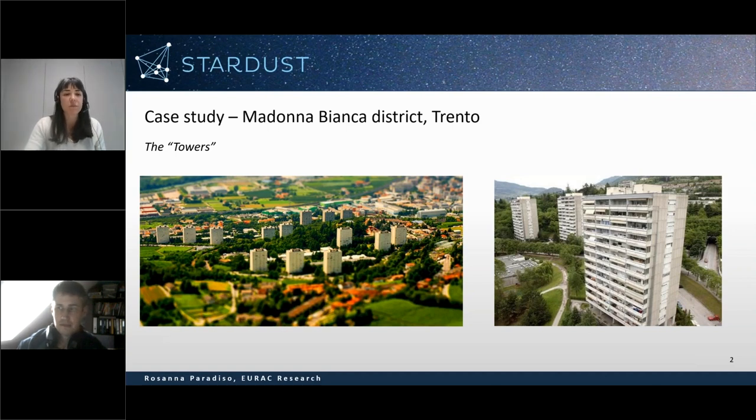The famous towers of Madonna Bianca are part of a complex of residential buildings built in the 70s, and in the Stardust project the study concentrated on 3 of these towers.